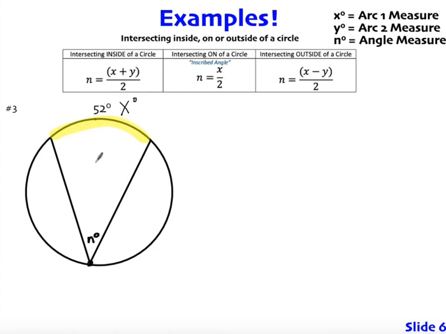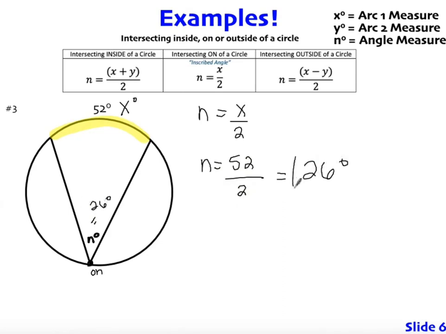If you don't believe that, this is on. So look for the formula for on, and you see that the measurement of this angle is this arc divided by 2. So this is our formula, x divided by 2. We don't know our angle, so it's going to be 52 divided by 2. And when you do that math, that's going to give you 26 degrees.